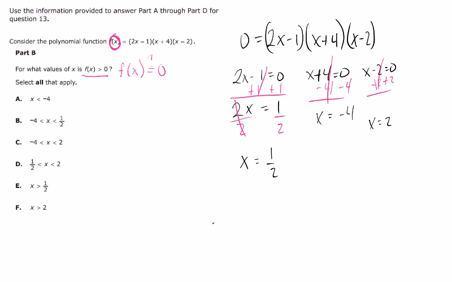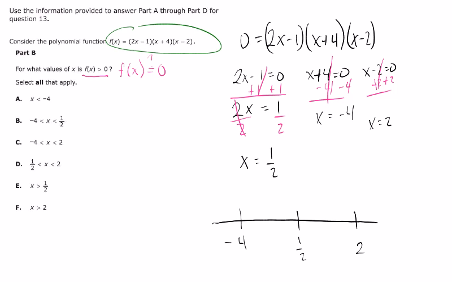So if I think about that on a number line, negative 4 is furthest on the left, then I have 1/2 somewhere, and then I have 2, right? So I want to figure out in these intervals, where is f of x positive, okay? So remember that f of x is this function here, right?